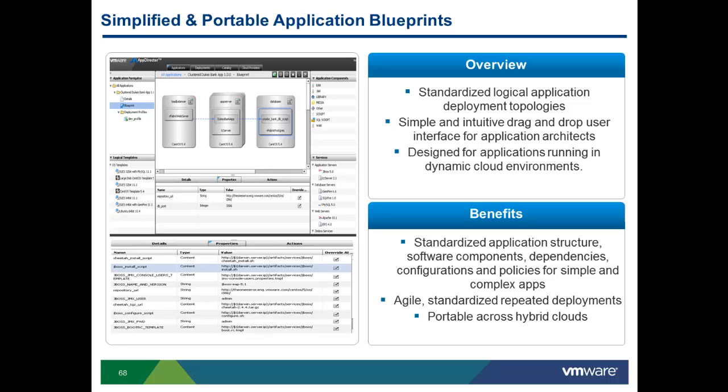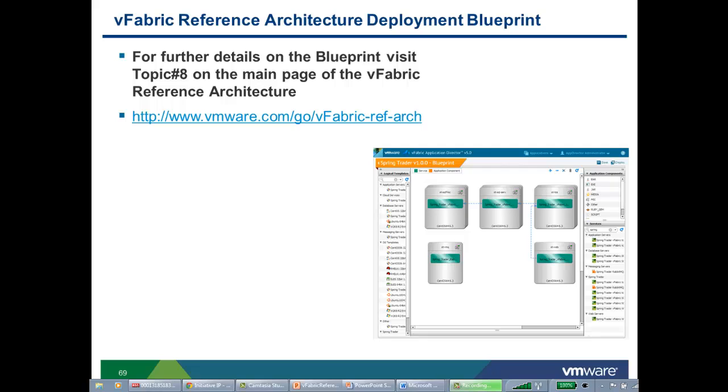After a blueprint is available, application deployment, QA, and release management teams can share these. Teams can repeatedly deploy a standard blueprint, customizing it as and when needed. In the vFabric Reference Architecture, we have a complete blueprint for the entire stack of the application. For further details on the blueprint, visit topic number 8 on the main page of the vFabric Reference Architecture.